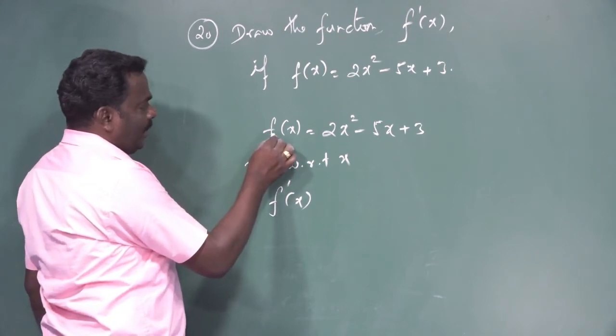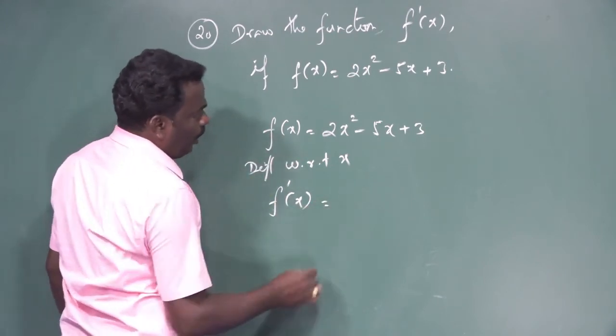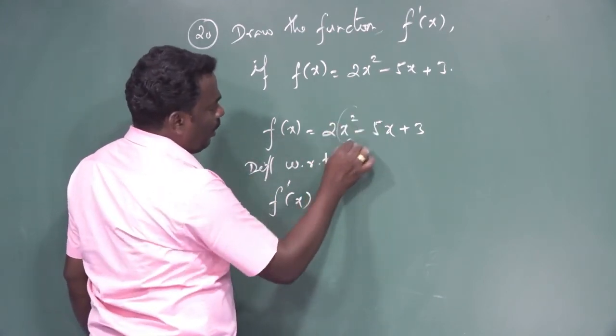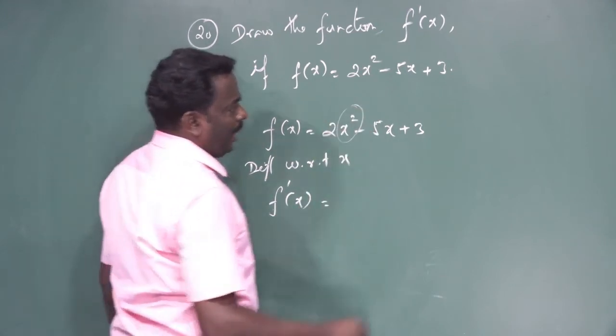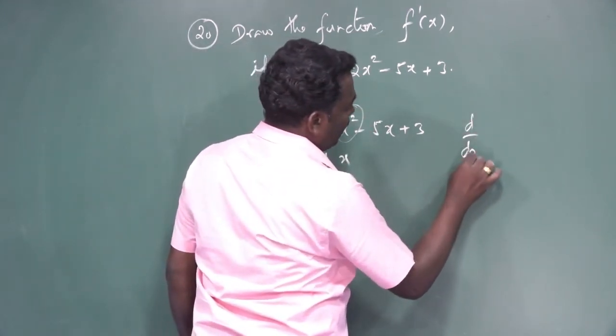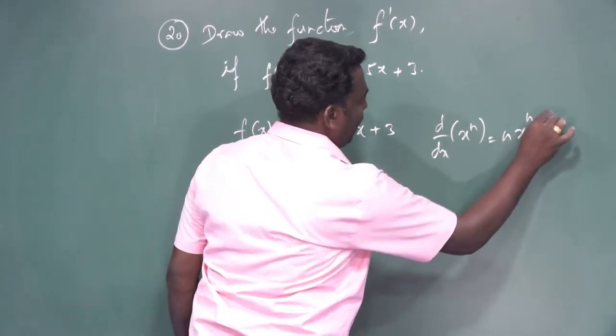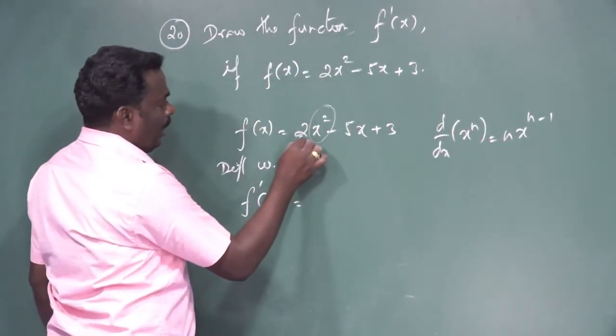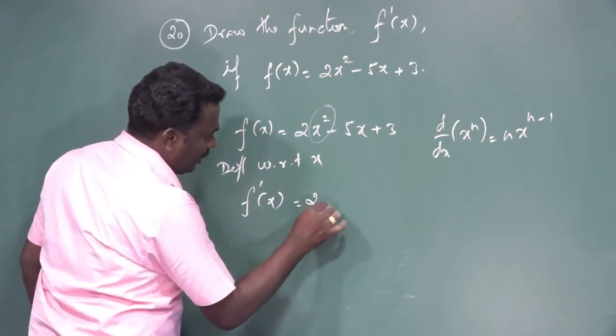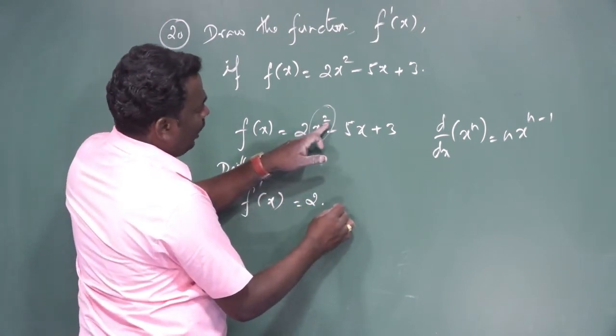Differentiation of f of x becomes f dash of x, equal to, in the x power n form, d by dx of x power n is equal to n into x power n minus 1. After this formula, 2 is called the quotient term, and n is 2 here.